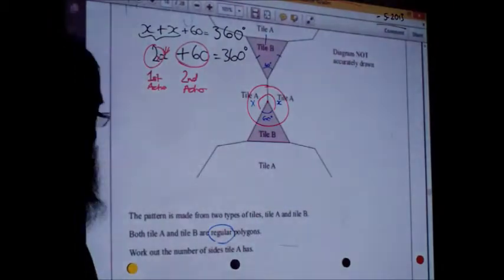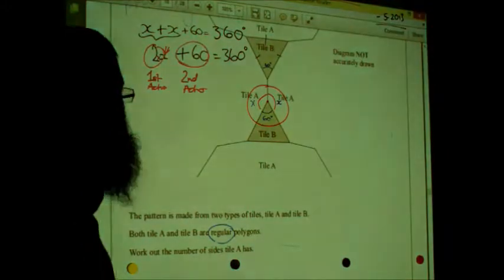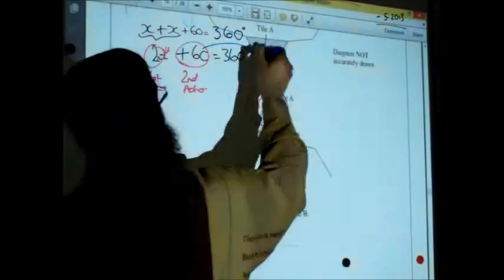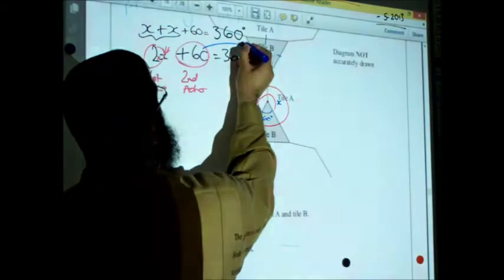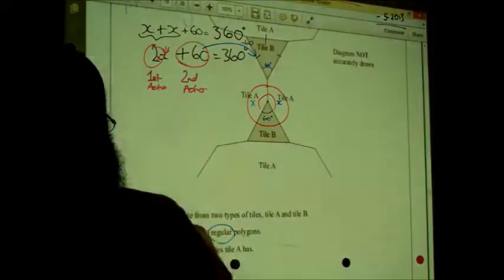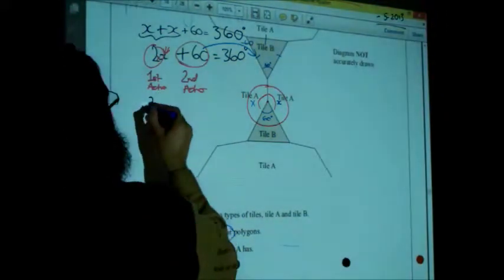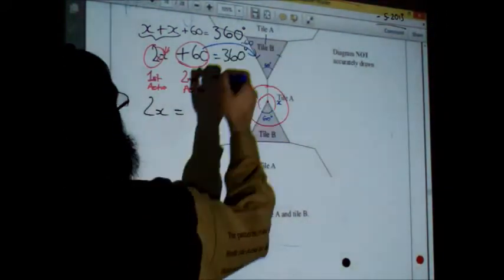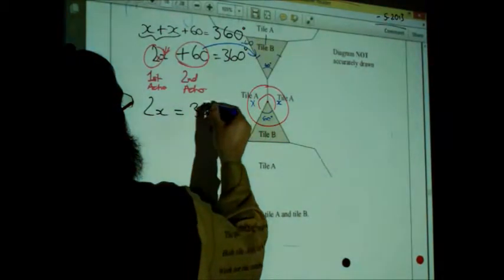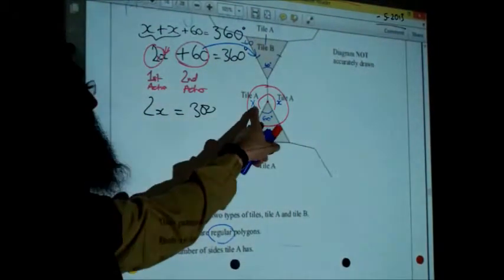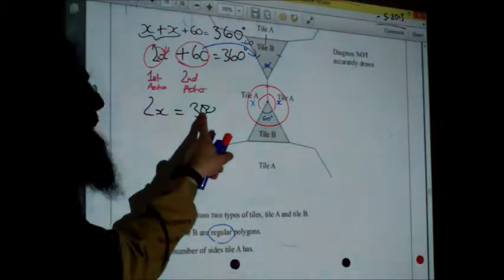Now in order to solve this equation, which action do we move first, Mia? Second action. The second action moves first. Opposite of add 60 is minus 60. So now we are left with 2X is equal to 360 minus 60, which is 300. So this angle and this angle together makes 300.